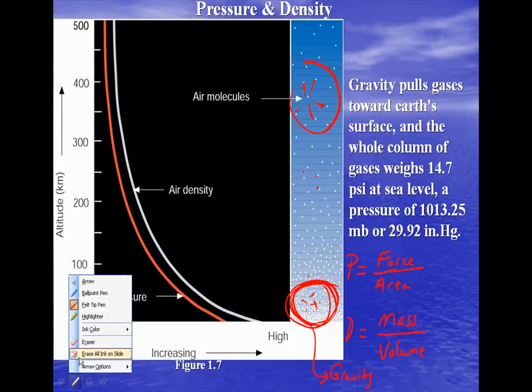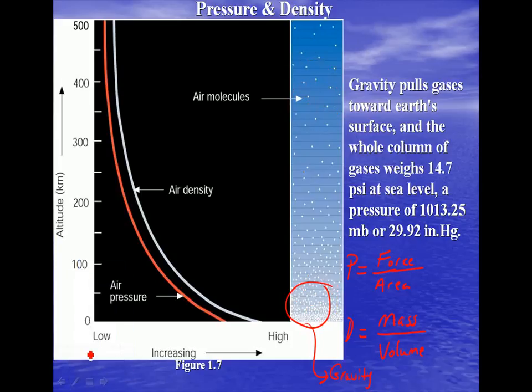As we go up into the atmosphere, it begins to decrease. And in fact, there's an equation for density. It's mass per unit volume. So it's the amount of mass that you have in a particular column. The volume of this column here makes up the density. And so you see that the air is more dense here at the surface than it is up here.